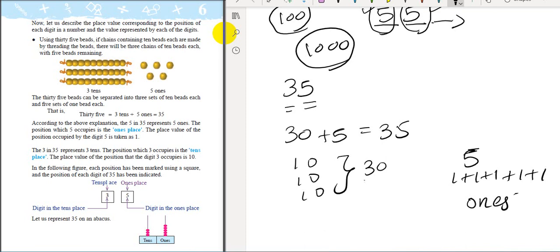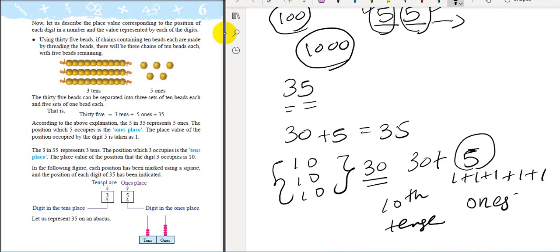The second is 30. How many tens are there altogether? 3 tens. So this is the tens place. So 30 is in the tens place. Understand? This is ones and tens. Why are we calling it ones?